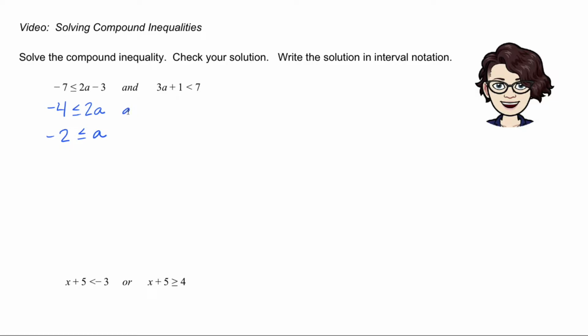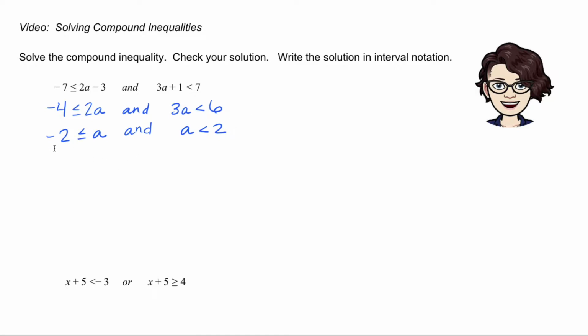And what's important to note is that this kind of continues throughout this problem. So over here on the right side, we're going to solve 3a plus 1 is less than 7. We want to subtract 1 from both sides, so I get 3a is less than 6. And dividing both sides by +3, I get a is less than 2.